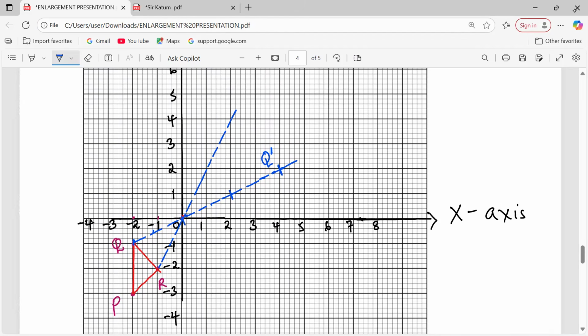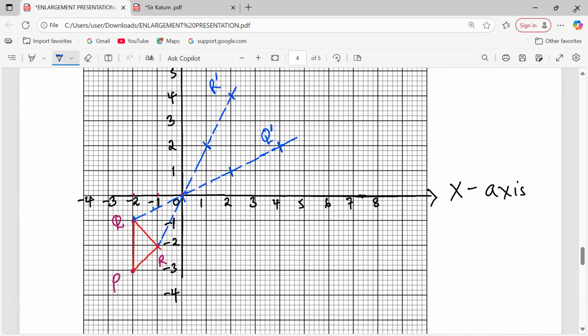So from the origin to R, we pick the distance using a compass. Then we start at the center 2 times on the opposite side. Once, twice. This is going to be R prime.